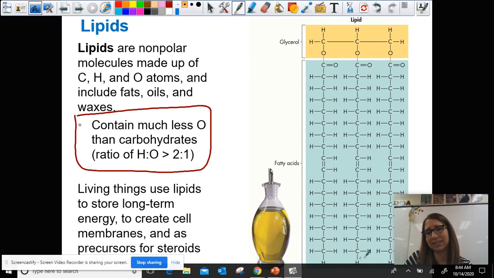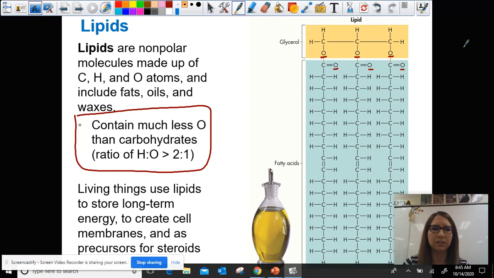And when we look at the size of this thing, one of the things that you should be able to see right away is I've got a whole lot of carbons here lined up down the middle, and I've got a whole lot of hydrogens on either side, but then I have only like 6 oxygens up here, right? I have an oxygen here, I have an oxygen here, I have 3, 4, 5, and 6, and that's it. So I have a ton of hydrogens and a ton of carbon in this one.